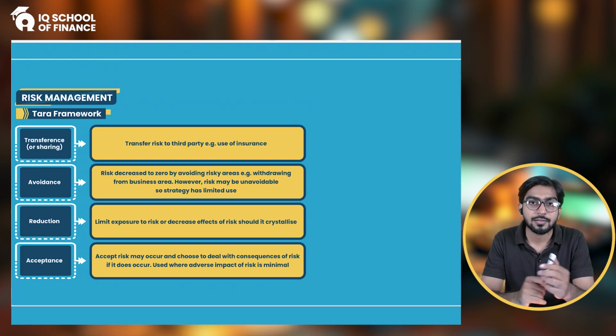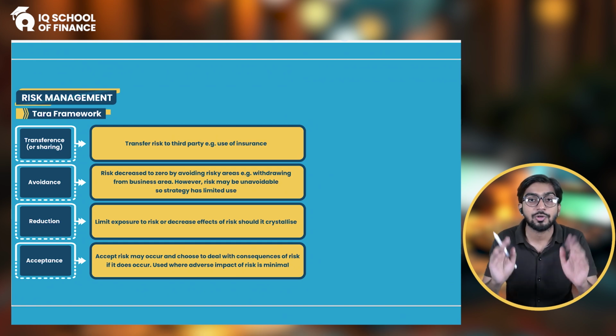There would be some person who will say no, I'm not going to take this risk, right? I'm going to avoid it by not participating in such kind of activities, such kind of stunts. So how did the person mitigate this risk? The person mitigated it by avoiding the activity and saying that I'm not going to do this thing.